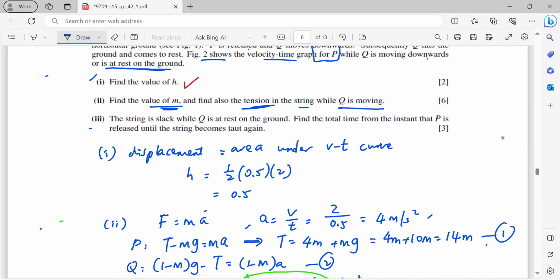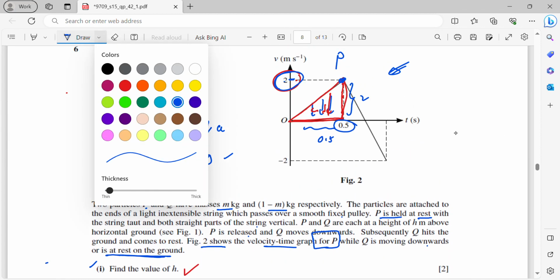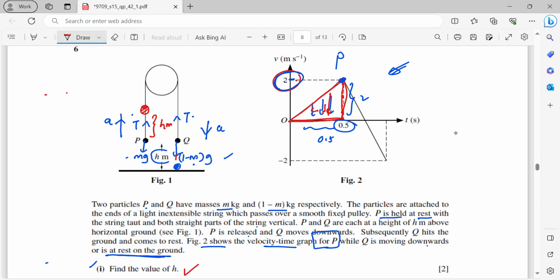Now the third part. The string is slack while Q is at rest on the ground. Find the total time from the instant that P is released until the string becomes taut again. For your information, when Q reaches the ground, the string is slack.